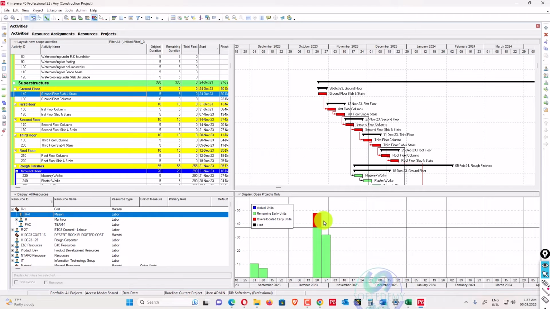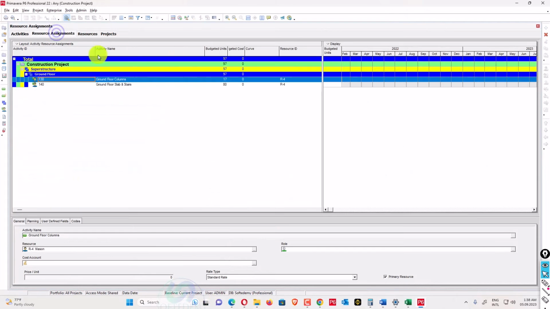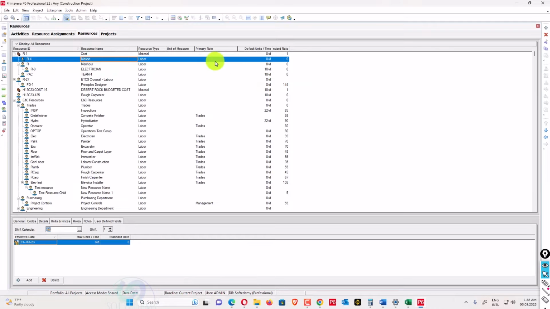If a company has hired, like this one is 30 and this is 40, this one is up to, say, 38 hours, and beyond that we have crossed 48 and above. If a mason has been assigned in the resource assignment, there is a mason in resources and its maximum units per time is 8.